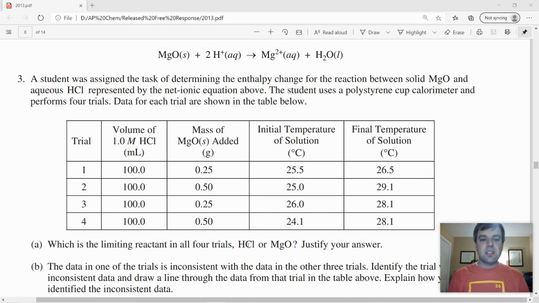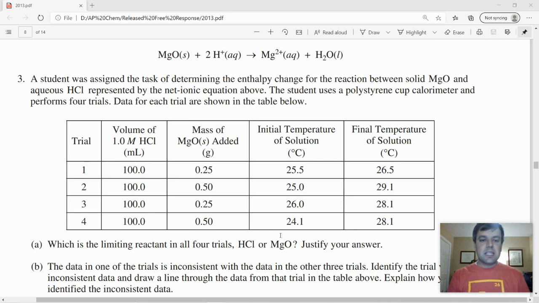What is the limiting reactant in all 4 trials, HCl or MgO? Justify your answer. Now, you'll notice that when we double the amount of magnesium oxide, we double the temperature change, it looks like.